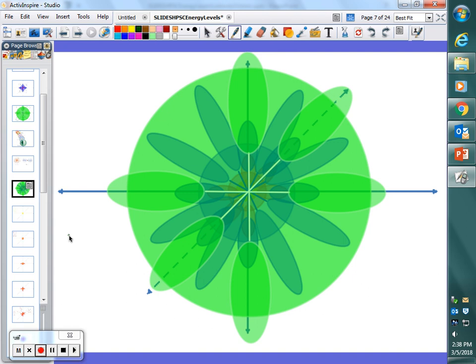What determines how much energy it has? Distance from the nucleus. How close do electrons want to be to the nucleus? As close as they can. But what else do they have to contend with? Other electrons. The 2 principles that determine this whole drawing are electrons trying to be as close to the nucleus as they can, but as far away from other electrons as they can.